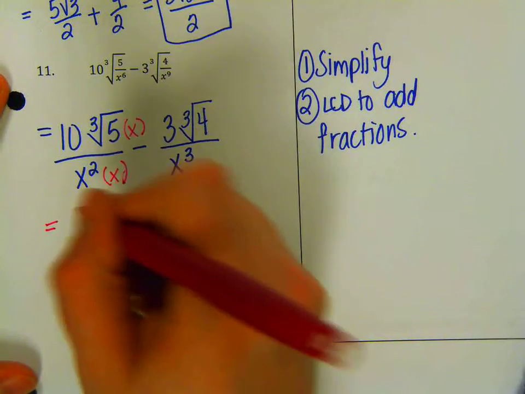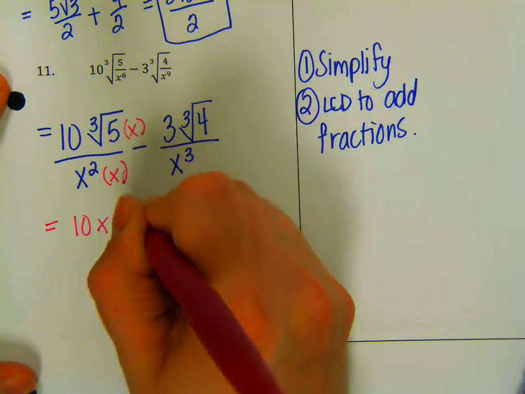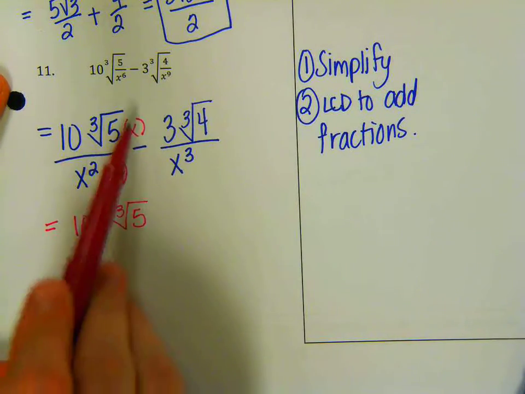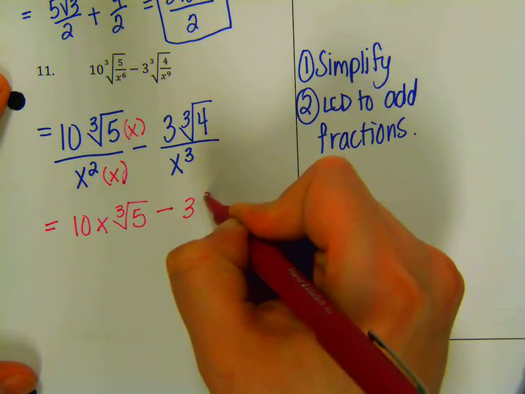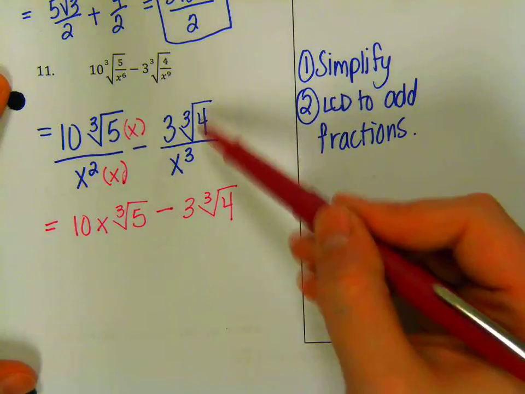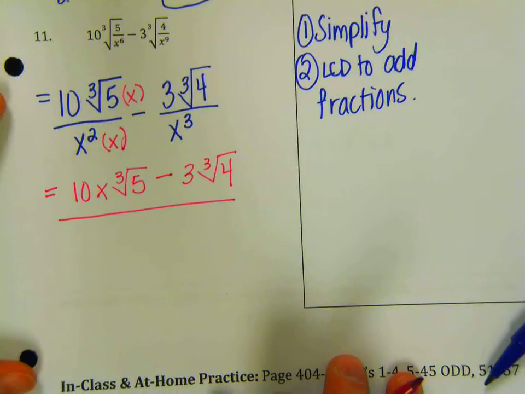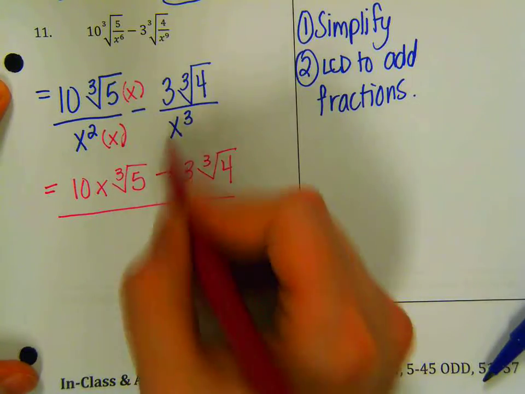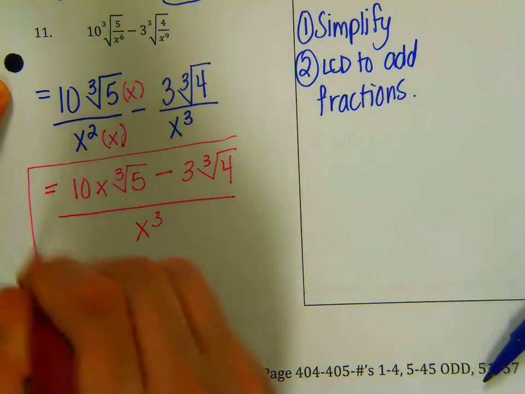My final answer will be 10x cubed root of 5. That's all from the numerator. Minus 3 cubed root of 4. This numerator. All over my new denominator, which is x cubed. And that will be my final answer.